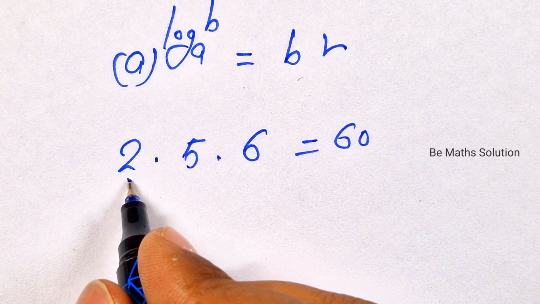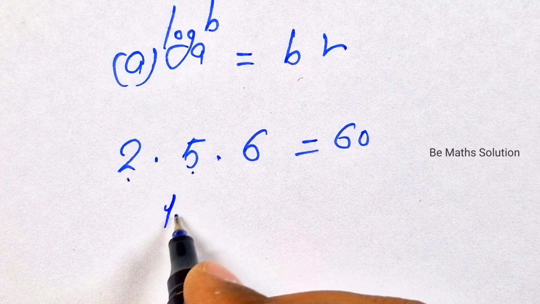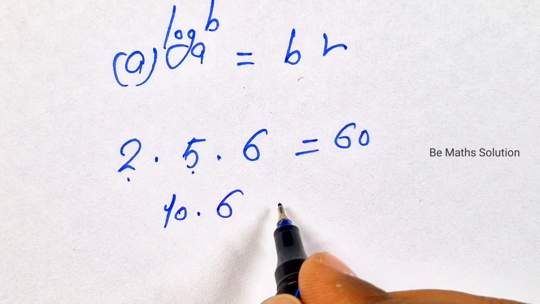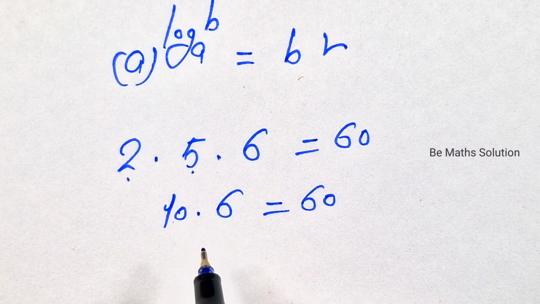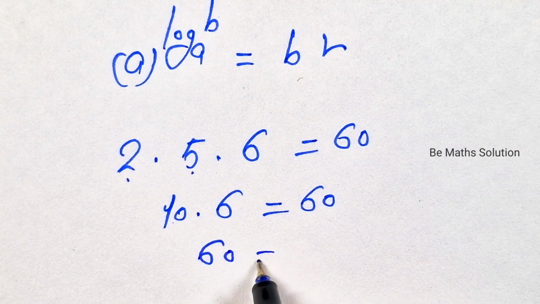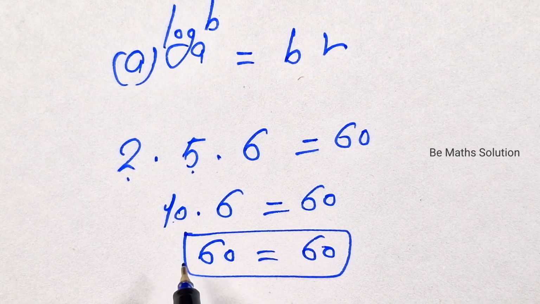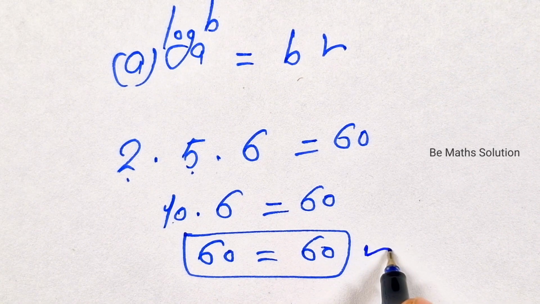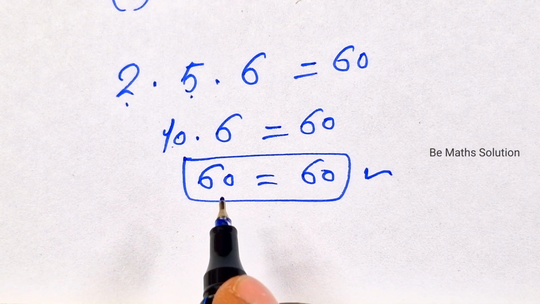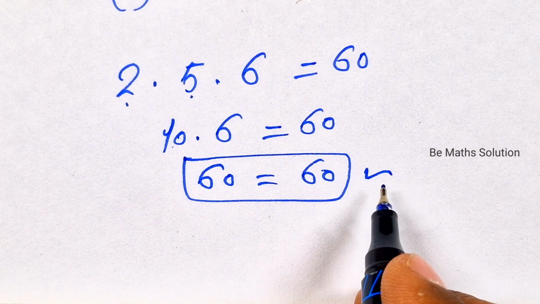So 2 into 5 is 10, into 6 is 60, which is equal to 60. So left hand side and right hand side are equal. Then it is true for the value of x.